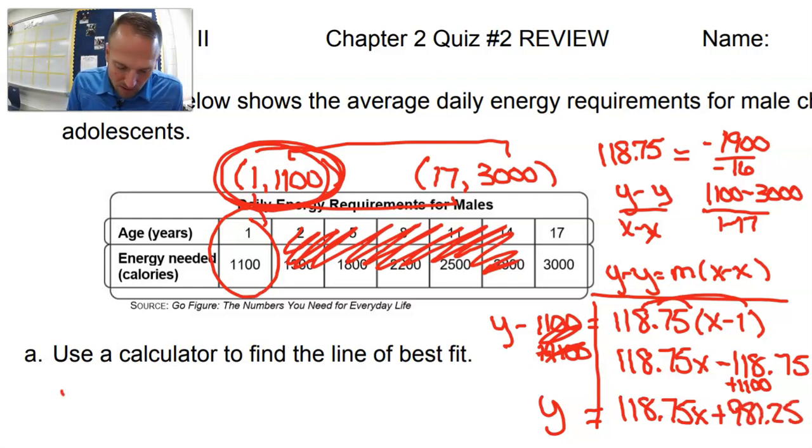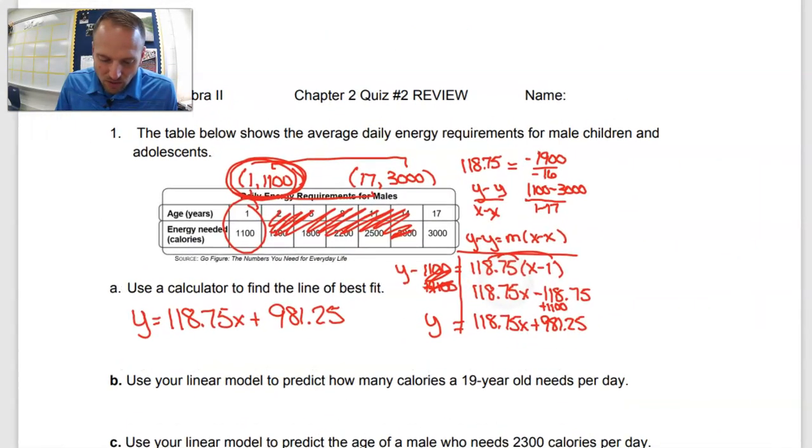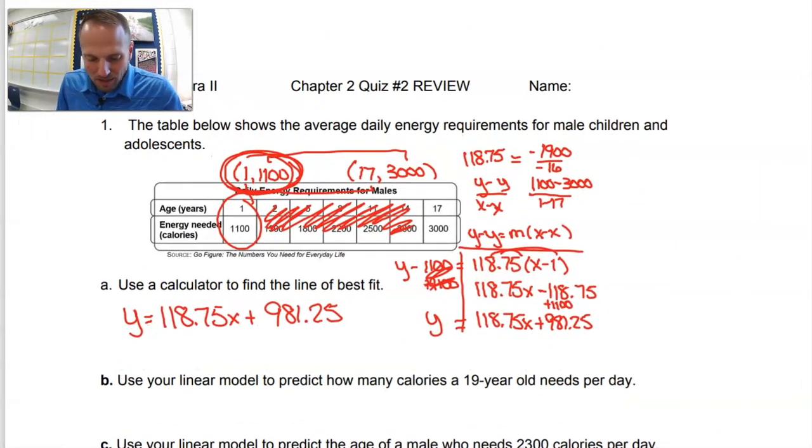I'll write this over here nice and big. y equals 118.75x plus 981.25. Okay, so that's the line of best fit.